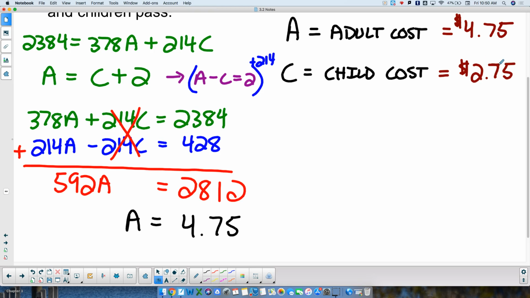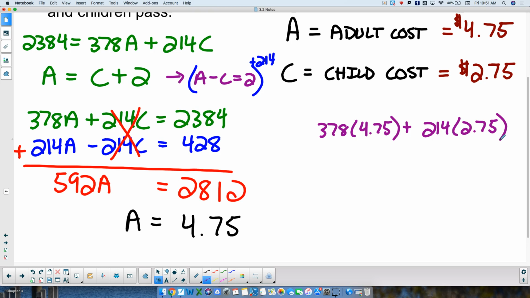Okay. So now we should check it. Adult costing $2 more than a child? Yep, checked. 2384. So let's go, what is 378 times 4.75? And what is 214 times 2.75? Those numbers, please.